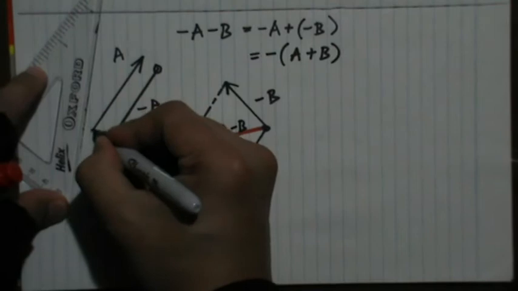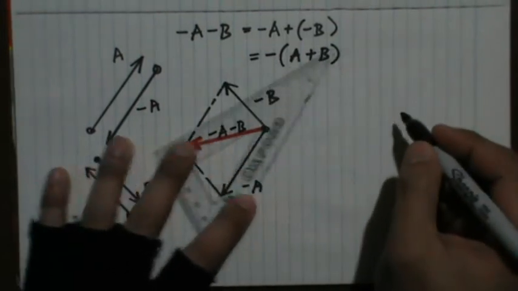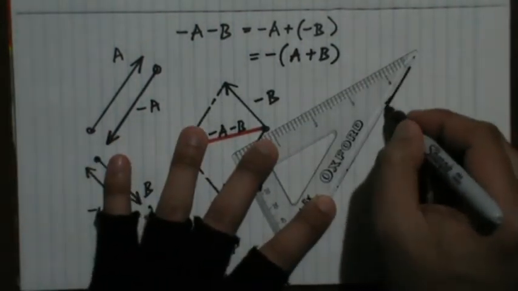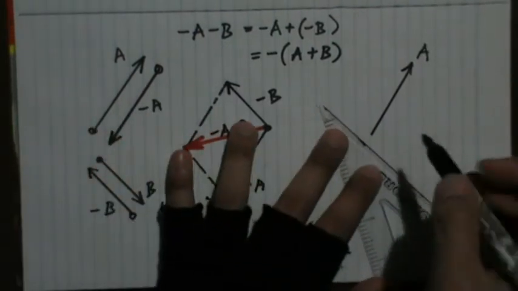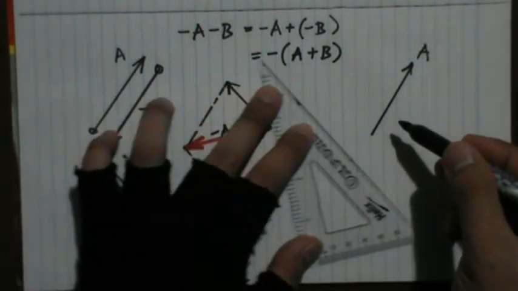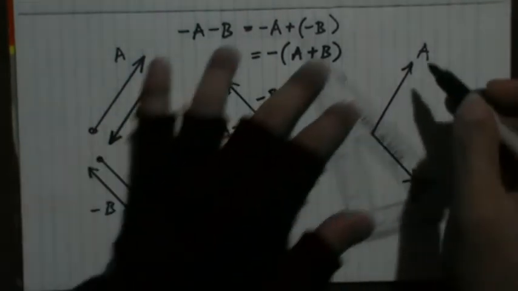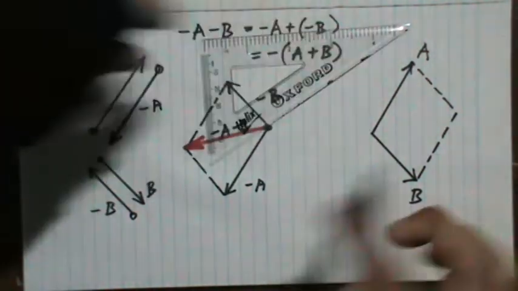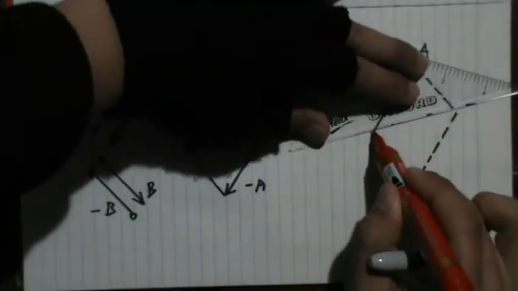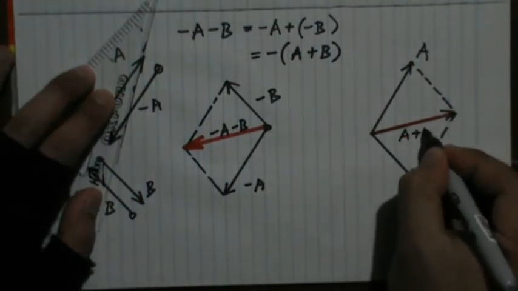So now if we add a plus b, let's see, this is a, and then this is b, now we get a plus b.